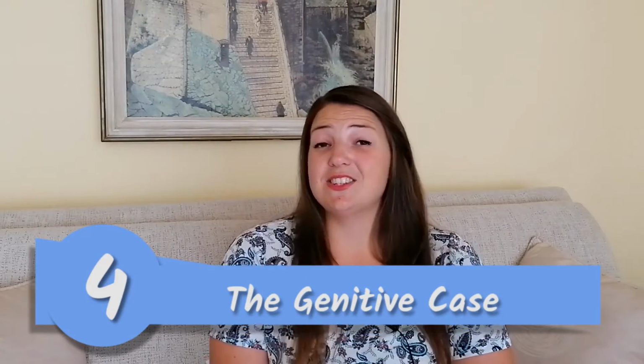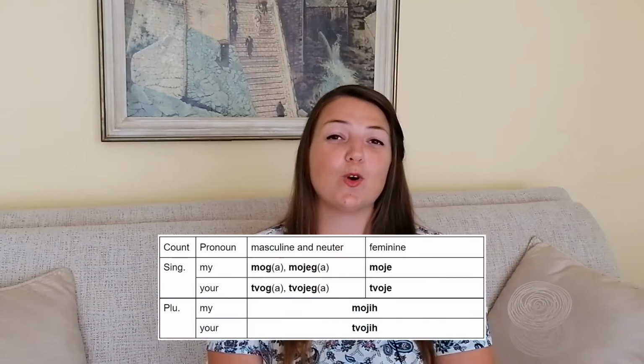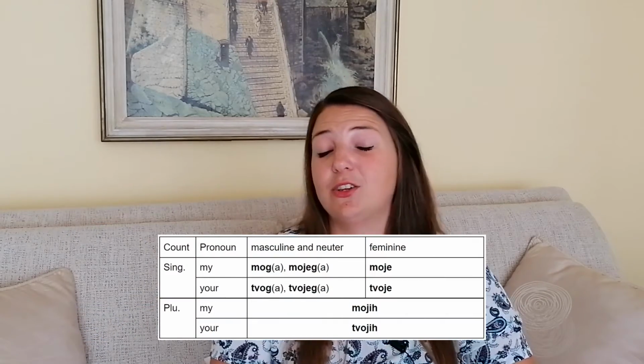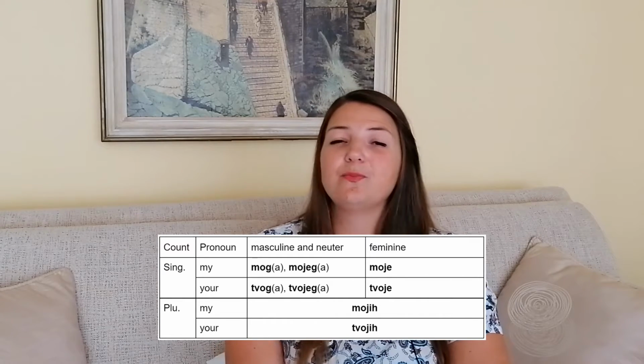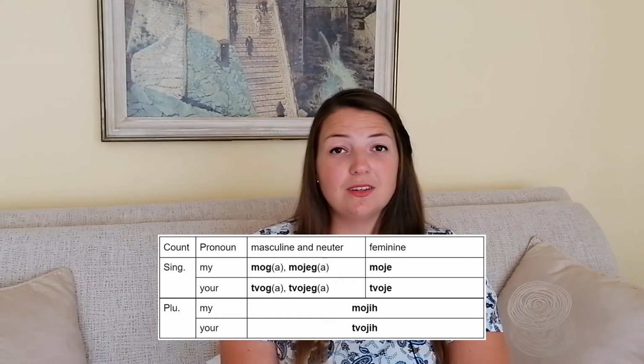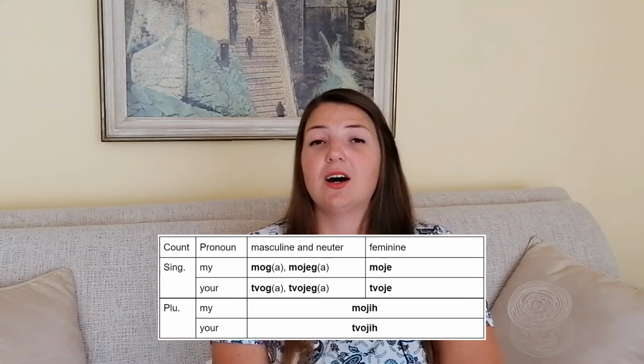The next case is the genitive case, and here is the form for the genitive case. Again, the possessive pronouns for the masculine and neuter are the same, mog and tvog, and the feminine is moje or tvoje.